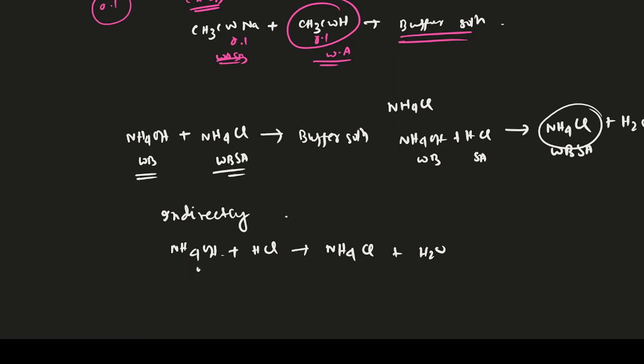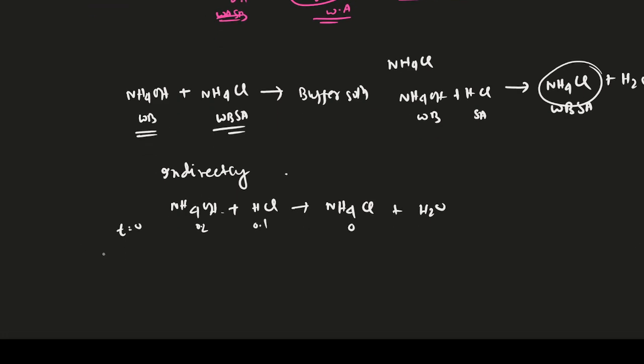And if this is 0.2 molar given and 0.1 molar, then initially 0, 0, and at equilibrium, this 0.1 molar is consumed and 0.1 molar is prepared.